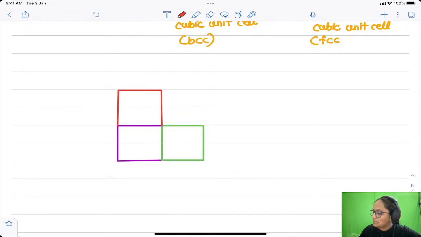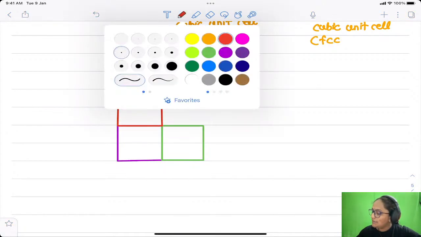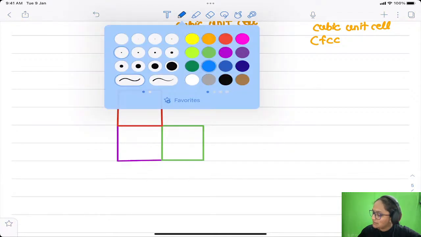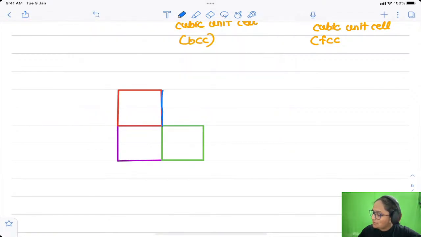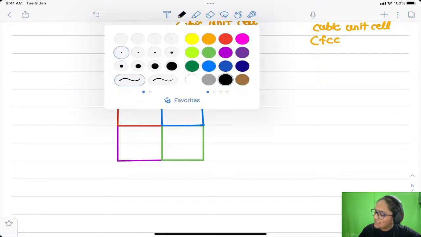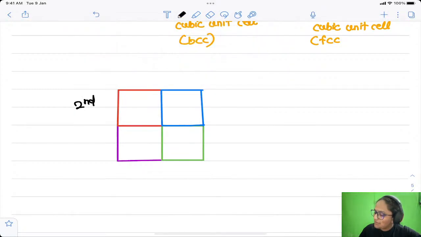This is the second floor, this is the first floor, and I am drawing the ground floor also.